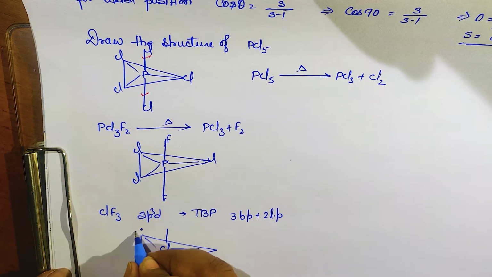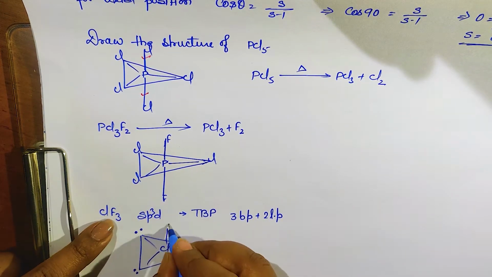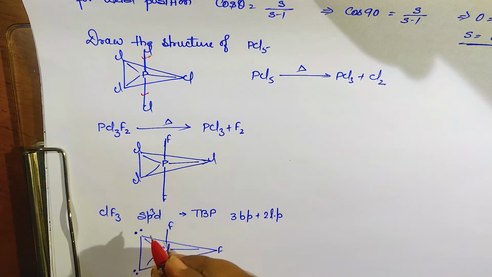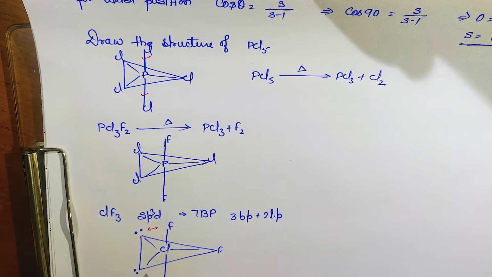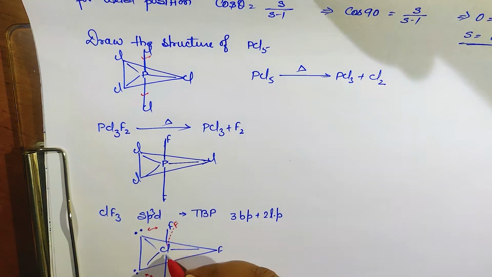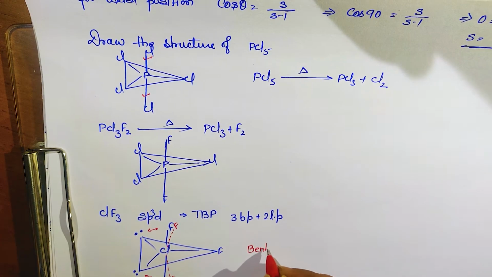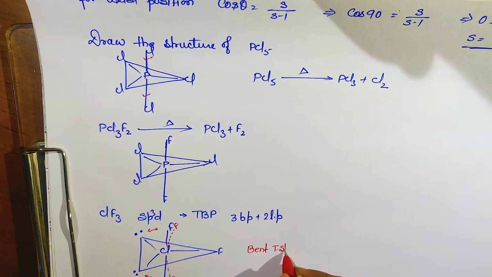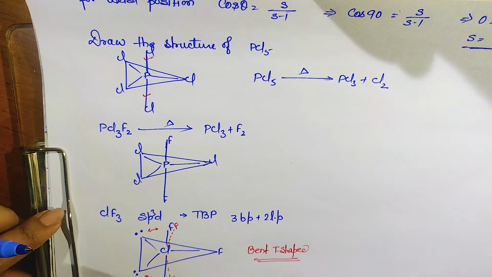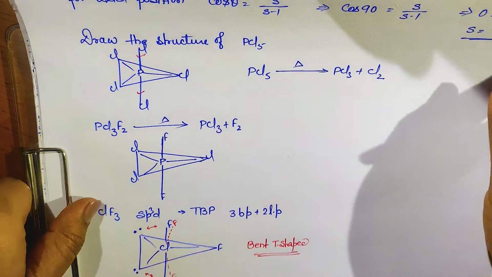So we will keep the lone pair over here, and the 3 fluorines will be here. But due to the repulsion of lone pair and bond pair here, the fluorine will be bent a little like this, and this will be called bent T shape. I hope it is clear. I have already explained this in hybridization, and this is the correct reason. Any problem in this?